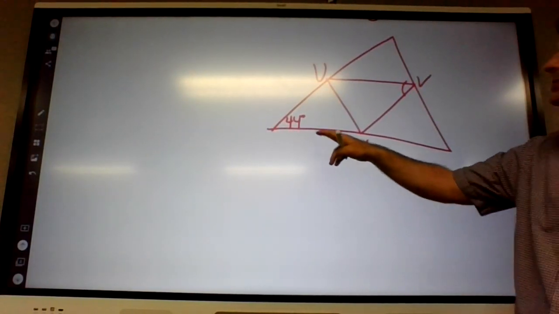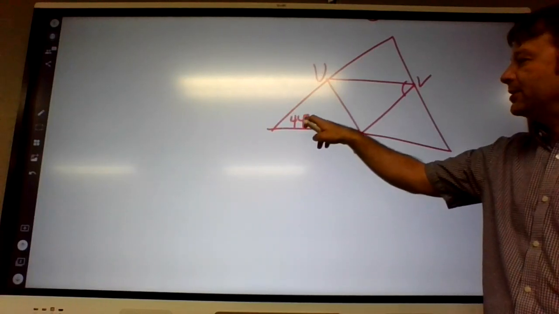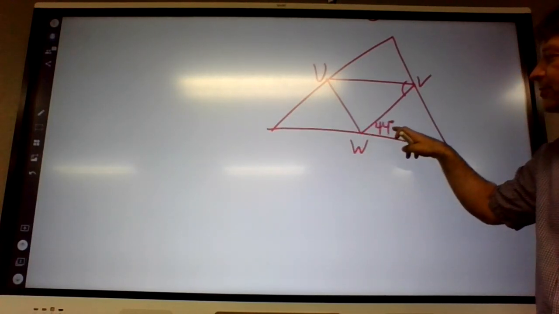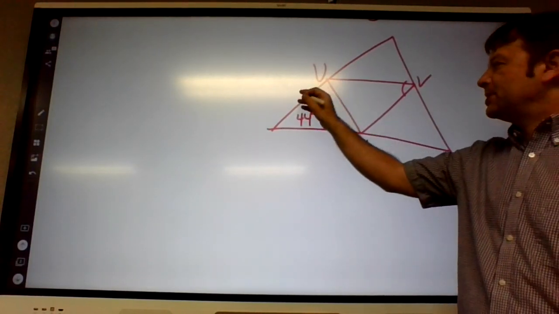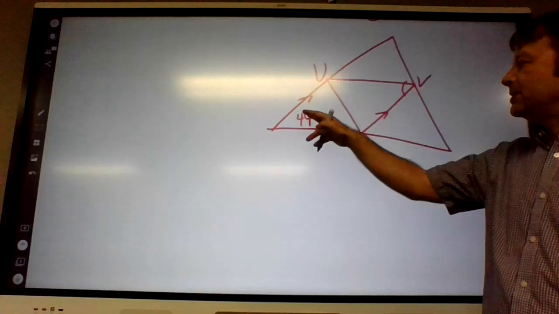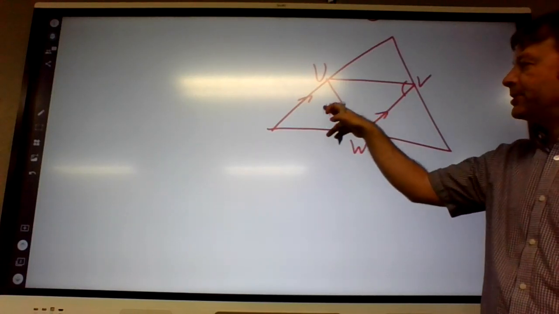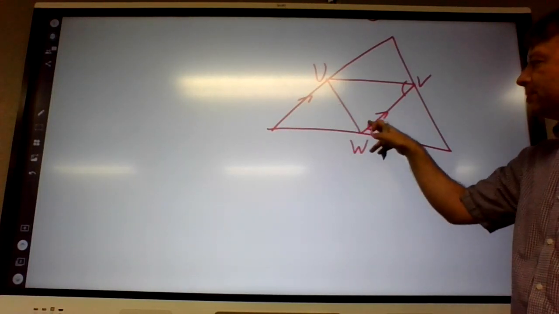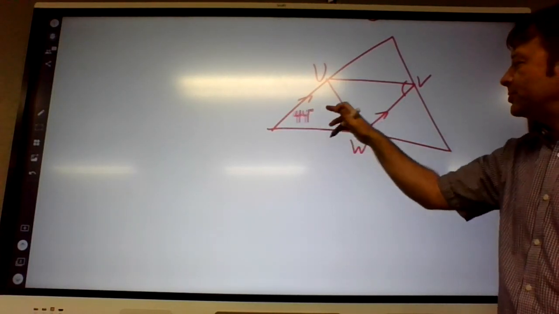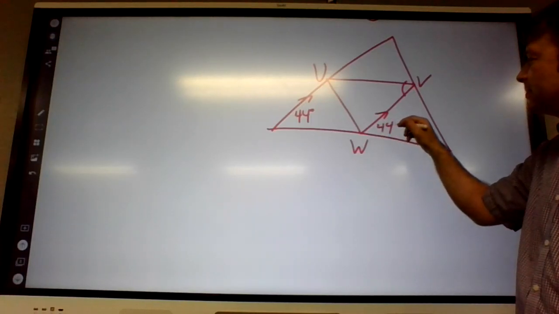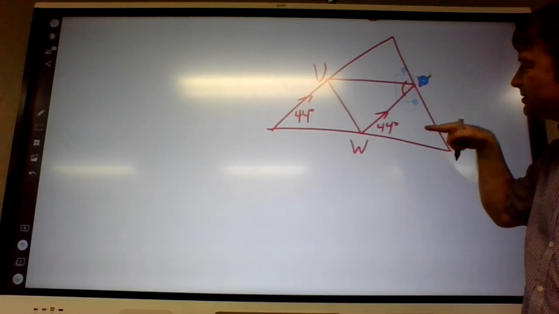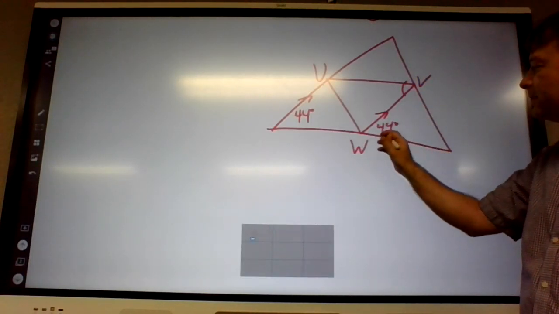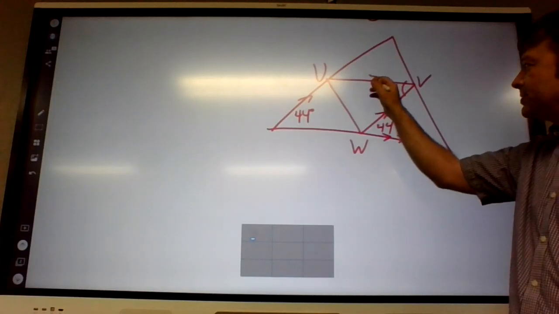All right, well, I just said if this is 44 right here, this is 44. Can you guys see it? Because these lines are parallel. These are corresponding angles on parallel lines. So they're definitely 44. So if this one is 44, with that one, it's also 44. These lines are parallel.